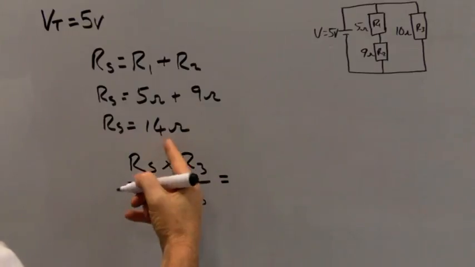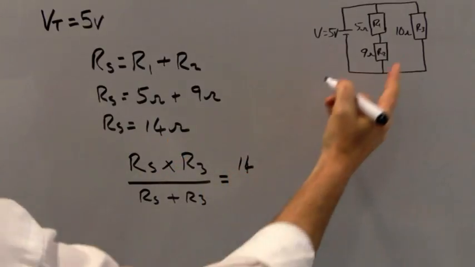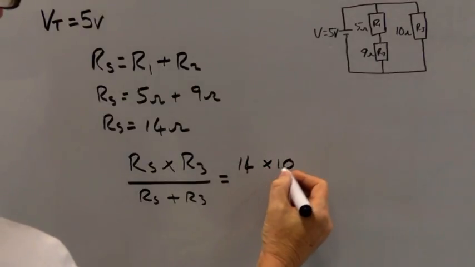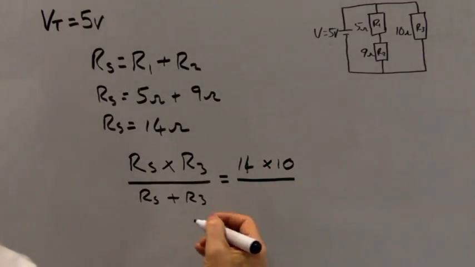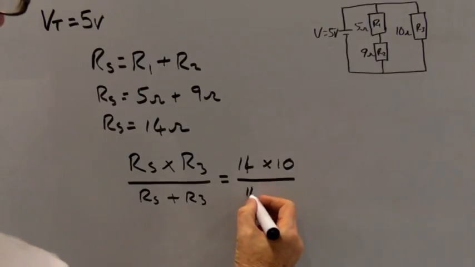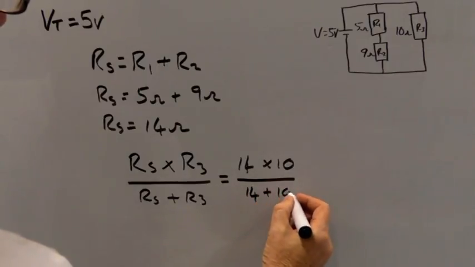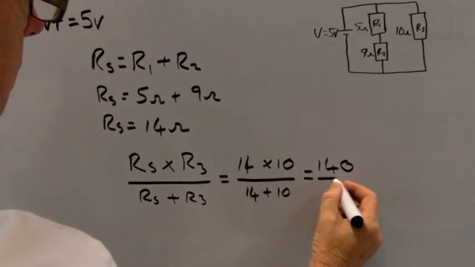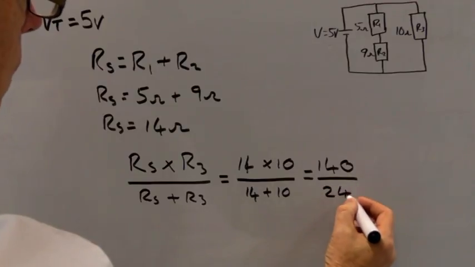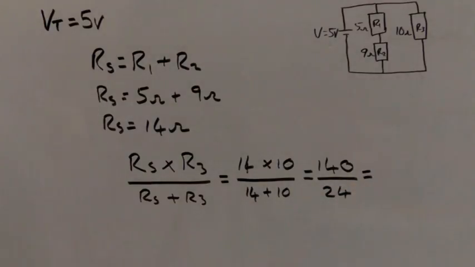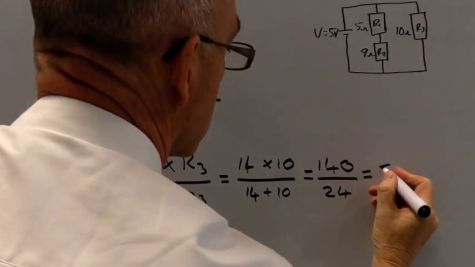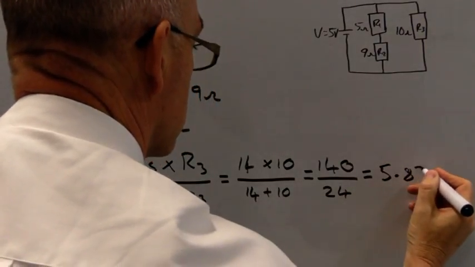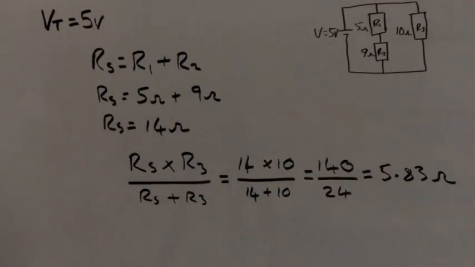RS is 14 and R3 is 10, so that is 14 times 10 divided by 14 plus 10. This gives me 140 divided by 24, and that equals 5.83 ohms. So the total resistance of the circuit, RT, is equal to 5.83 ohms.